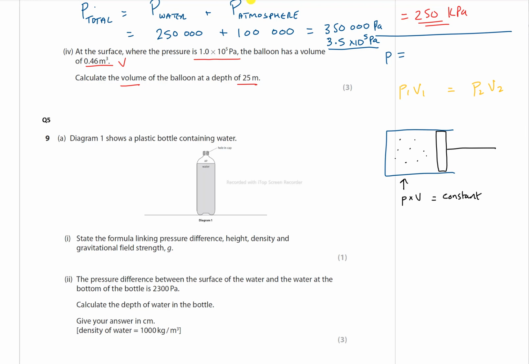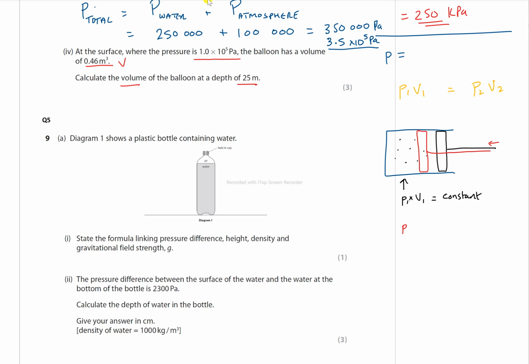Now what I'm going to do is I'm going to take this, I'm going to push it in, and what's happened is the pressure, so the first pressure and the first volume.